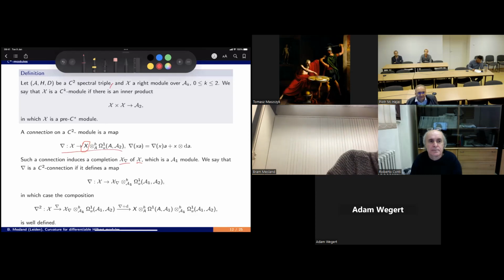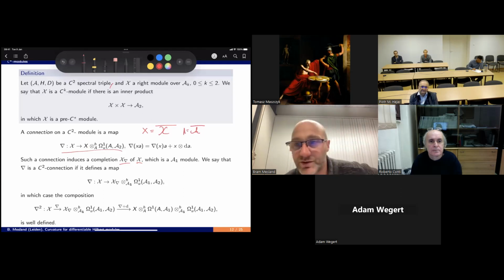This straight X, which I should have written in the definition, is the C star completion of the curly X. Because I'm assuming that curly X is a pre-C star module over this subalgebra, I can always close it up to get a C star module. And it's the same with the straight A: the straight A means the C star closure of the curly A's. Okay, thank you.